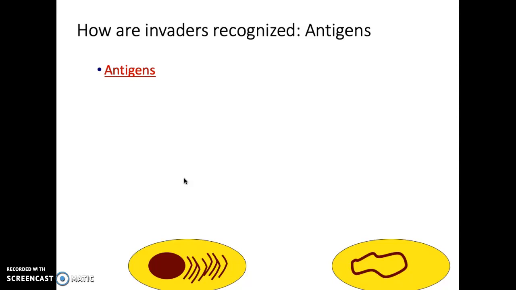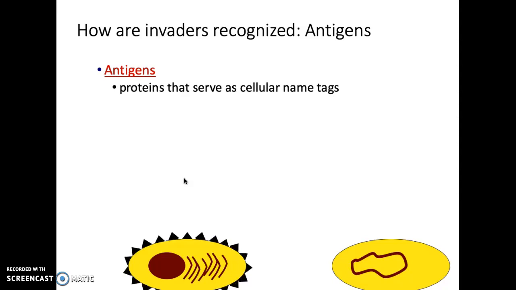That's how they're recognized. But let me clarify something about antigens. All of our cells have antigens. They're peripheral proteins that are just ID badges that say, hey, I belong to you. Now, the bad thing, or good thing I guess, is that those antigens are on every other thing, from pollen to bacteria.